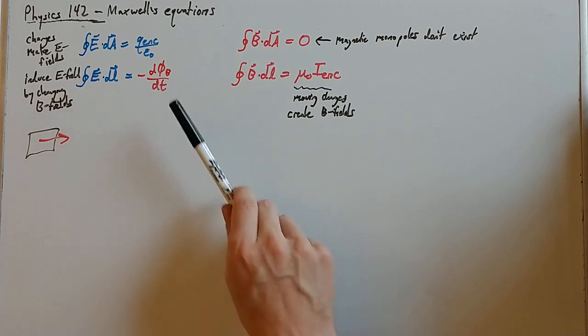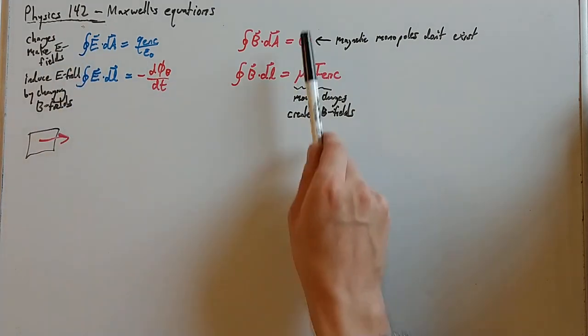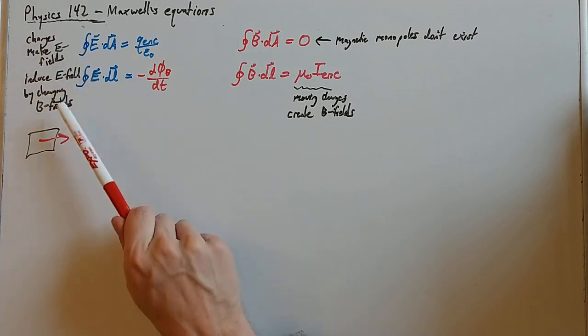But this is kind of cool. So in addition, we have another way of making an E field. If you change the B field, you get an E field. So we're sort of seeing a little bit of symmetry here. And when Maxwell wrote all this down, it brought up a question. We actually have two different ways of making an E field.